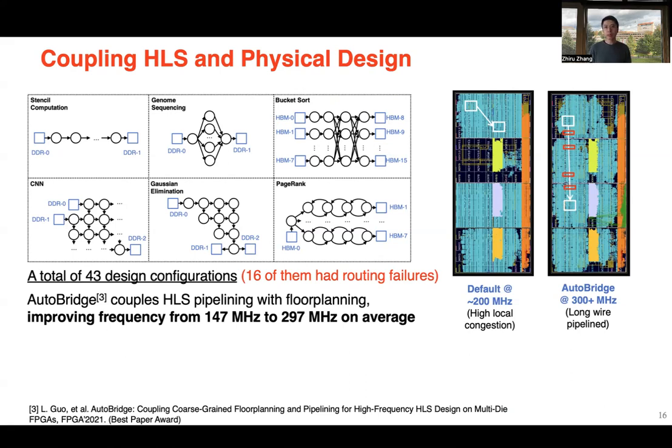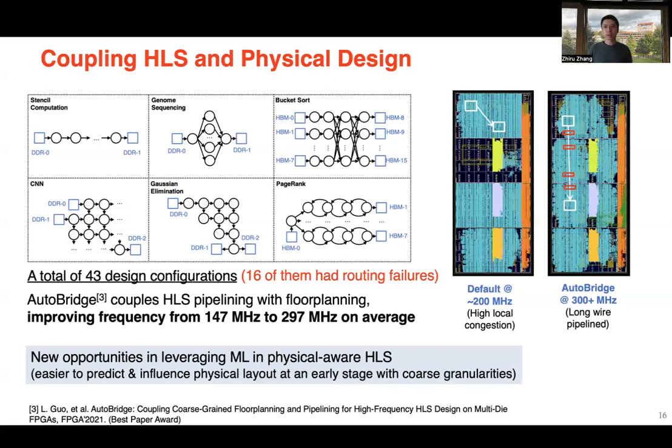Okay, I actually believe that there's even more room to further improve by leveraging ML in this space. So this is where we can make predictions at a higher level, at the early design stage, at a coarser design granularity. So we can make a much better prediction of what kind of connection can potentially become a bottleneck, right?